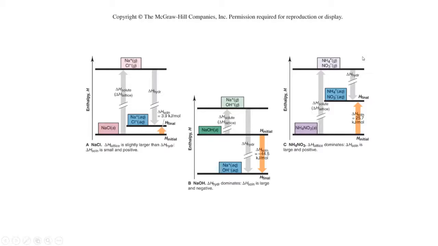Okay, if we are looking at the middle one, the line in the middle is our starting point. So that's where we have sodium hydroxide. You've used that in lab, sodium hydroxide. And we have a smaller arrow going up, okay? So that one is not so difficult to dissolve, to separate the ions, but we get a lot of energy back from dissolving, okay?